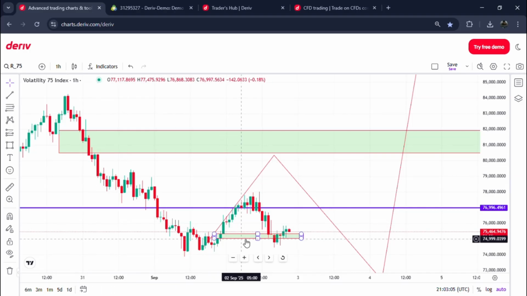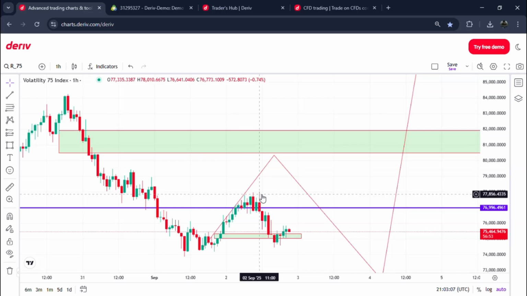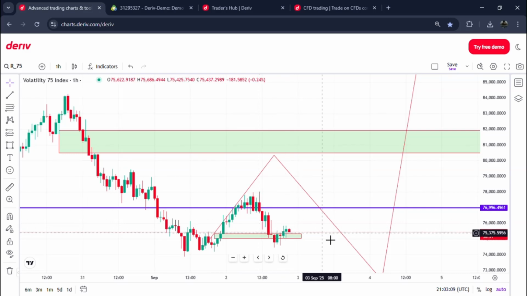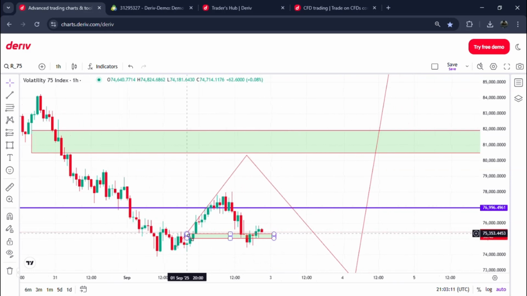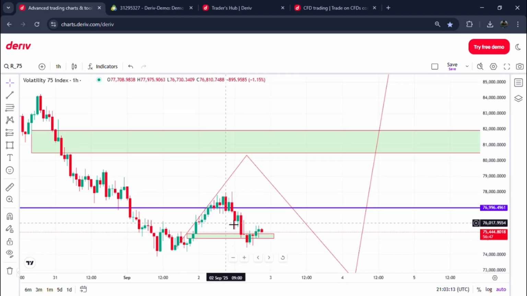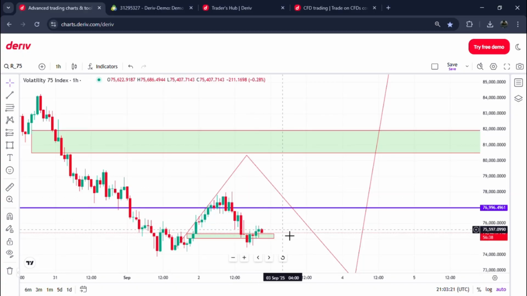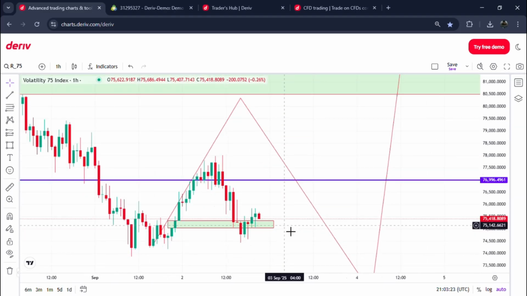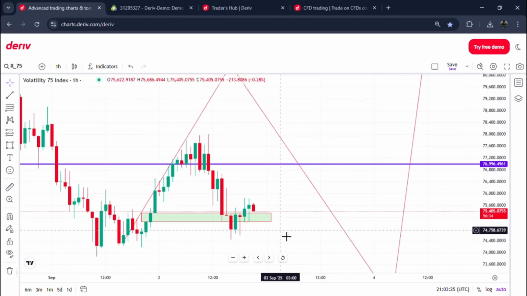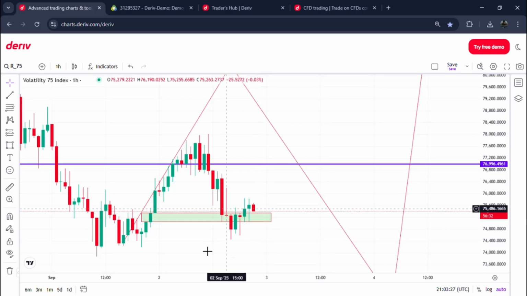And then another confirmation is there's a fair value gap here, whereby the market was either to come back, fill this gap, wait for a retest, take your entry. And again, another confirmation, look at the type of candlestick that we have here. You don't have to master the names of these candlesticks, whether they are Marubozu, inverted hammer, doji.